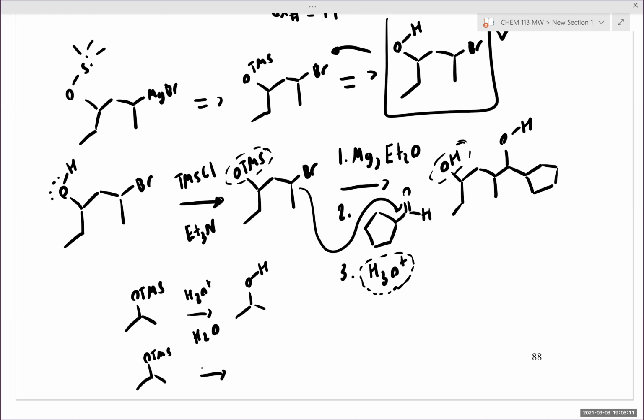Besides acidic conditions, what's another way? Just for your reference, another way to remove a TMS group is to use TBAF, tetrabutylammonium fluoride, which deprotects our TMS group because fluoride reagents can form a pretty strong silicon-fluorine bond and can nucleophilically displace our alcohol.